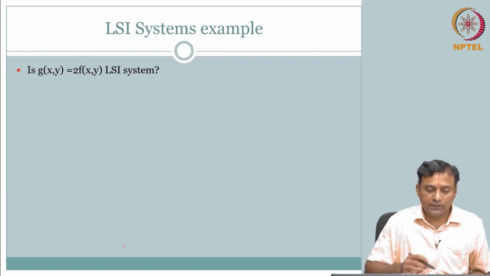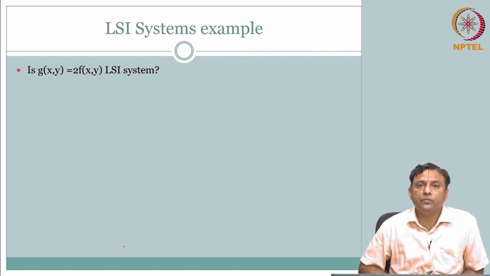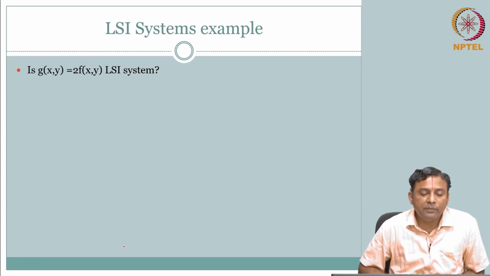So now the question is this: is it a linear shift invariant system? The deliberate reason I picked this is because most of you, when you look at this, may probably pounce and say, oh, I know the answer, I eyeball it, I know what it is.